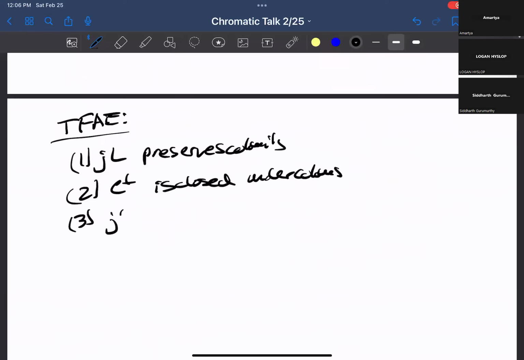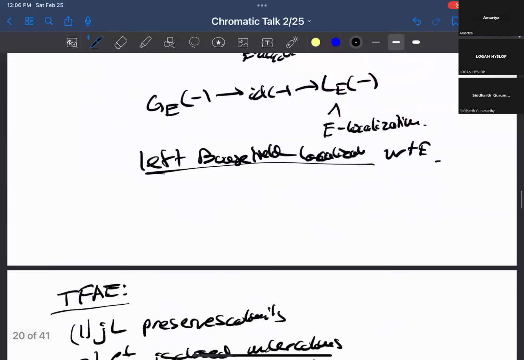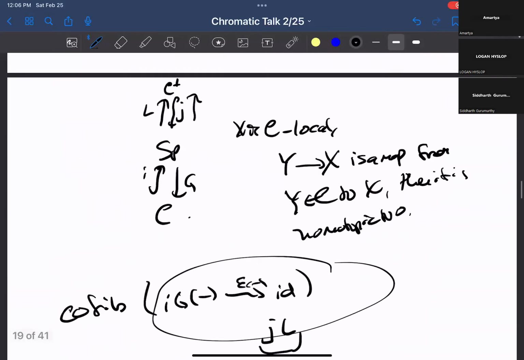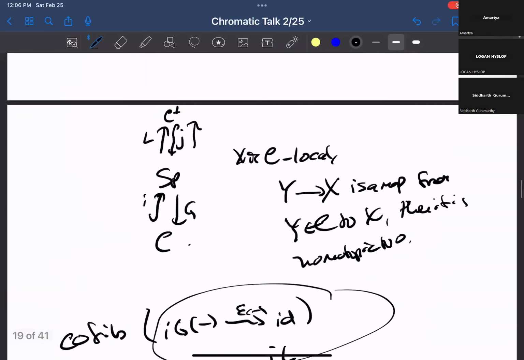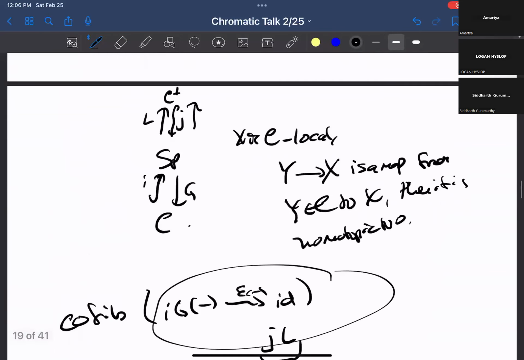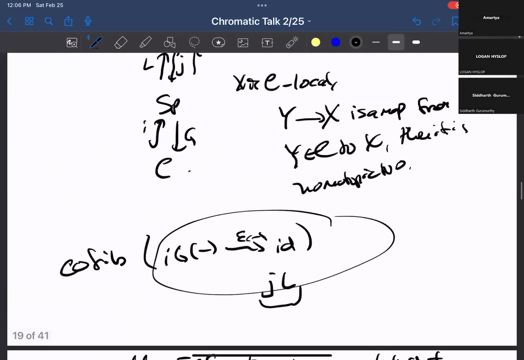Third, that J has a right adjoint. That if we look back here, G, sorry, we want I to have a right adjoint, and G is going to have a right adjoint as well.